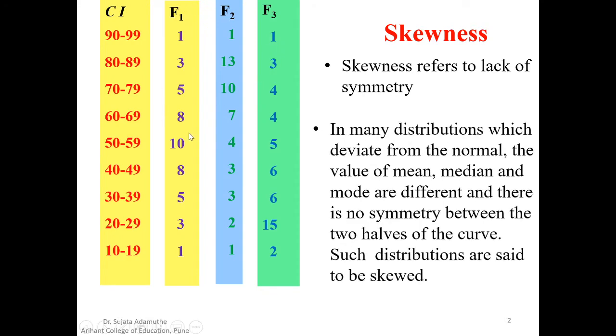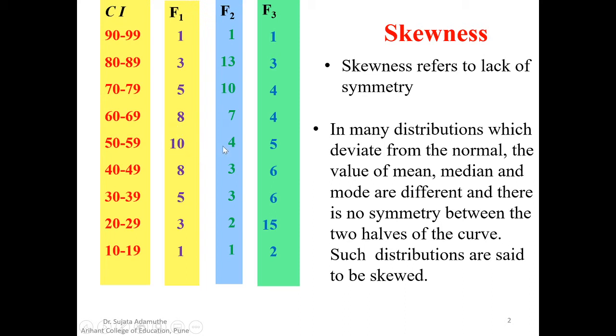Here we read that in many distributions which deviate from the normal, the values of mean, median, mode are different and there is no symmetry between the two halves of the curve. Such distributions are said to be skewed. Obviously, when there is symmetry on both sides, the values of mean, median, mode are the same.